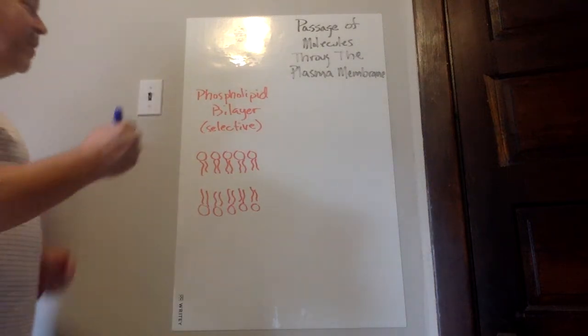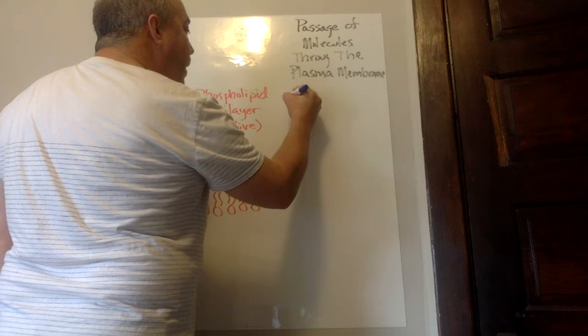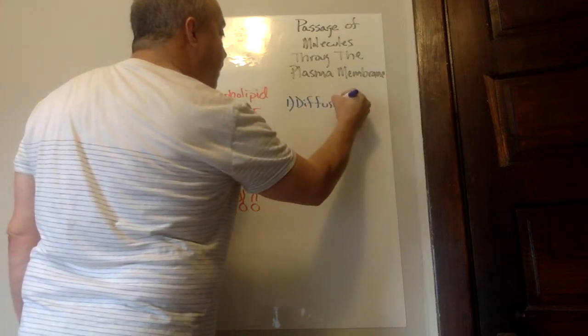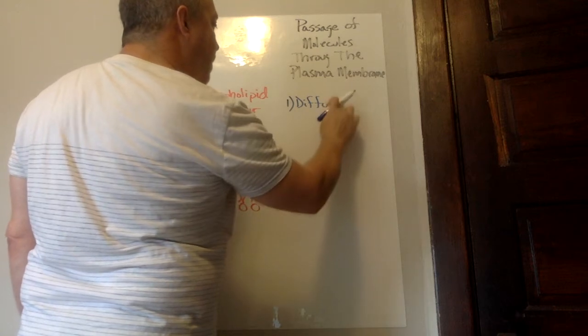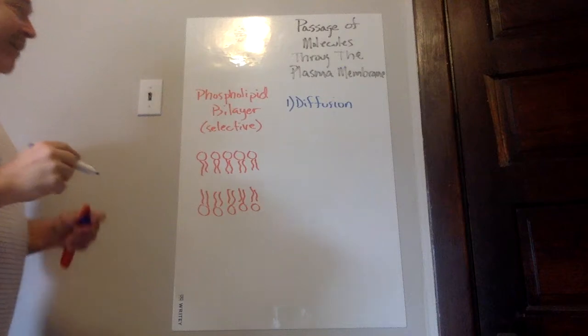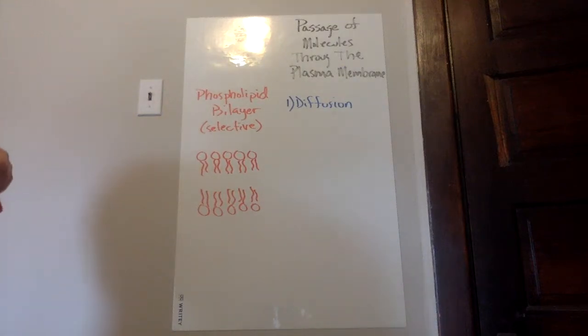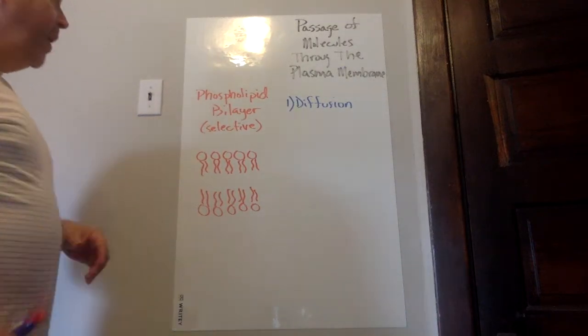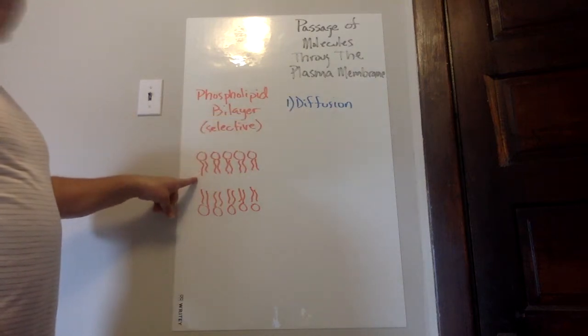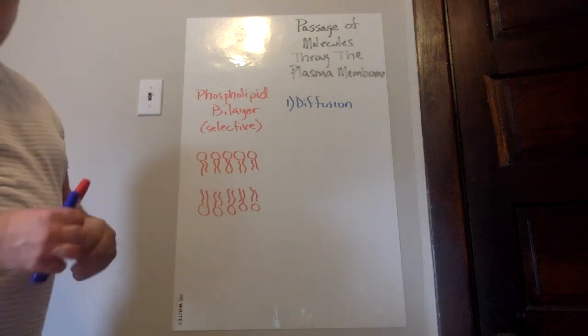So in the phospholipid bilayer, this is where diffusion occurs. Diffusion. We talked about several different ways that things can pass through a plasma membrane. Diffusion is one of those. Diffusion will use the phospholipid bilayer of that plasma membrane.